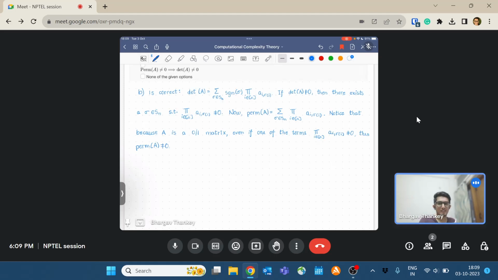And the reason for this is that the matrix is 0, 1, and there is no negative sign over here, so there are no cancellations. So if one of these terms is non-zero, then the permanent is going to be non-zero. But such a sigma exists because the determinant is non-zero.